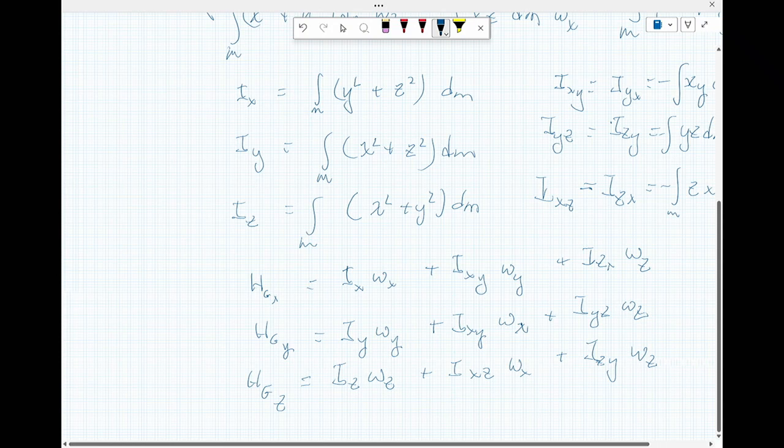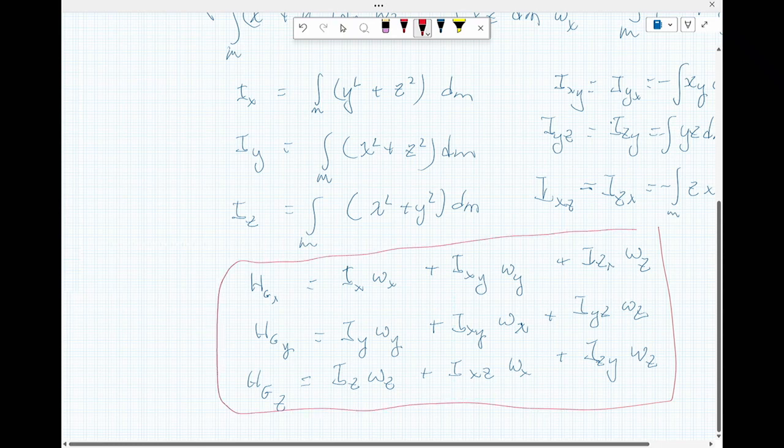That is a derived quantity. It's a derived useful quantity that tells me everything if I have three-dimensional motion.